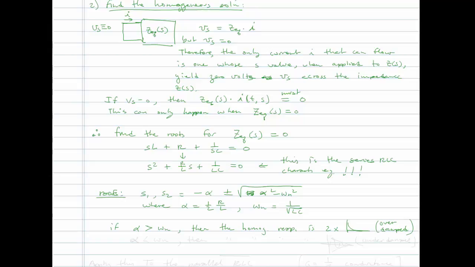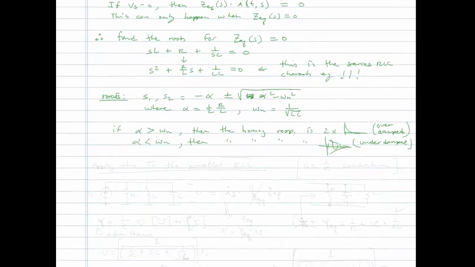We're back to familiar ground here. If alpha is less than omega n, then the homogeneous response is sinusoidal, underdamped, just like before. The difference in the impedance technique is how you arrive at the characteristic equation.